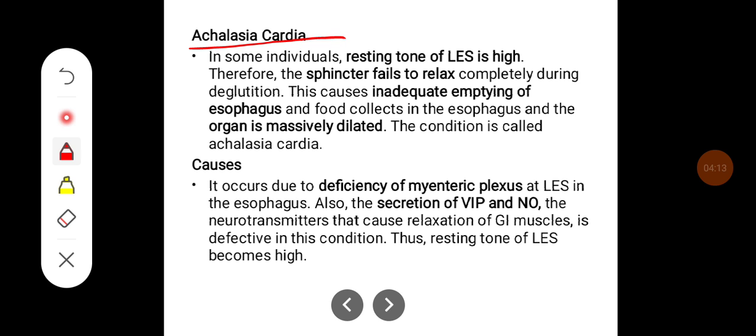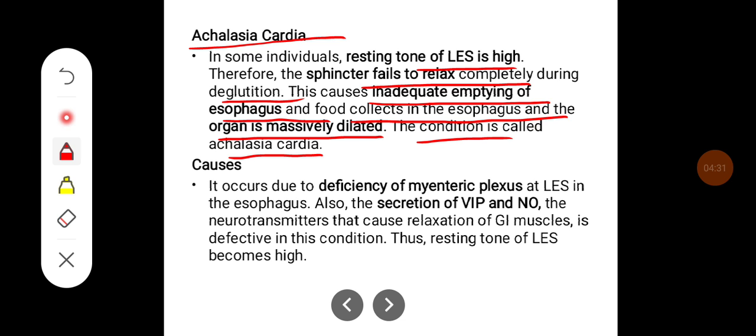Achalasia cardia. In some individuals, resting tone of the LES is high. Therefore, sphincter fails to relax completely during deglutition. So this causes inadequate emptying of the esophagus, and food collects in the esophagus and the organ is massively dilated. So this condition is called achalasia cardia.